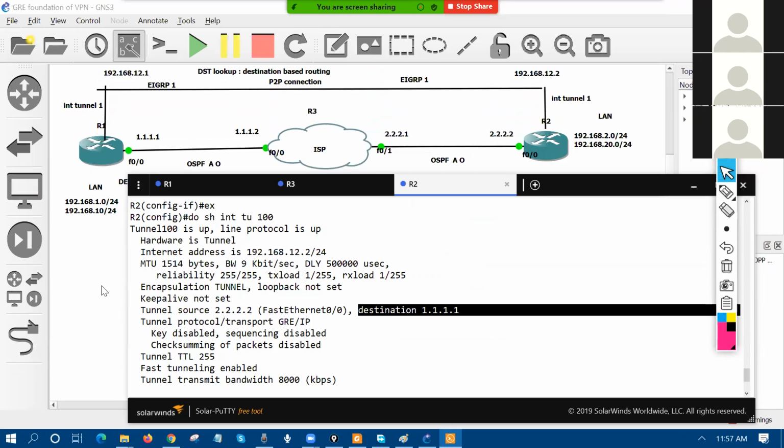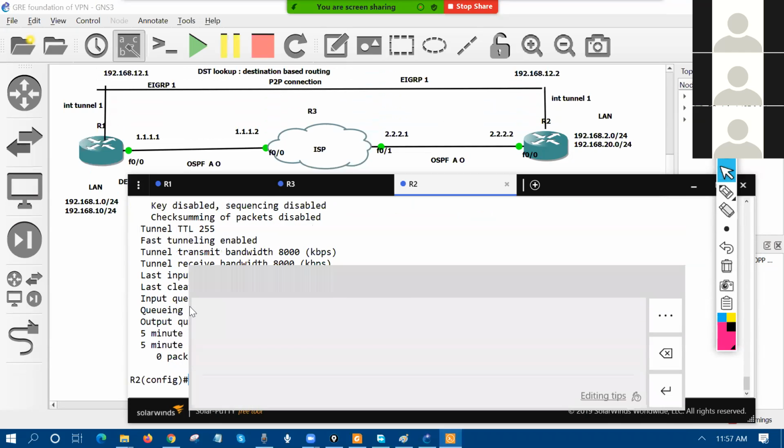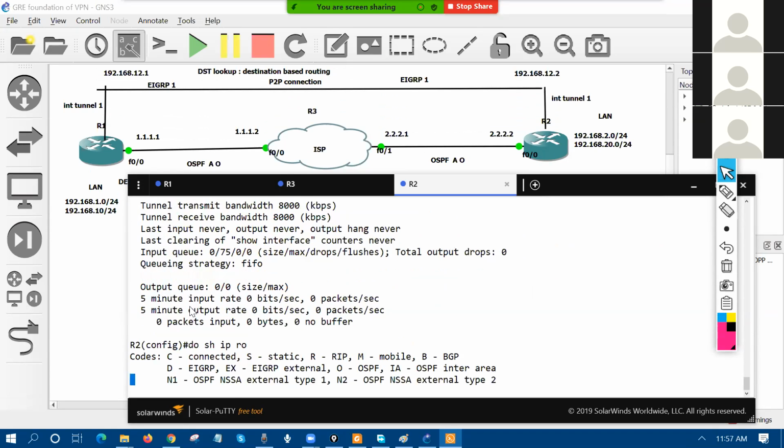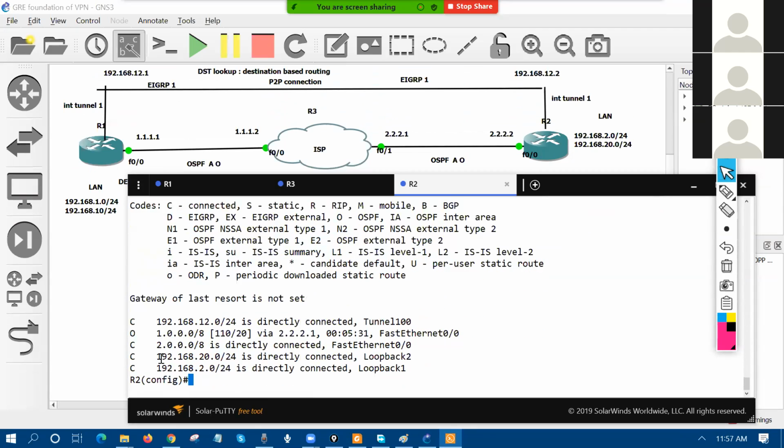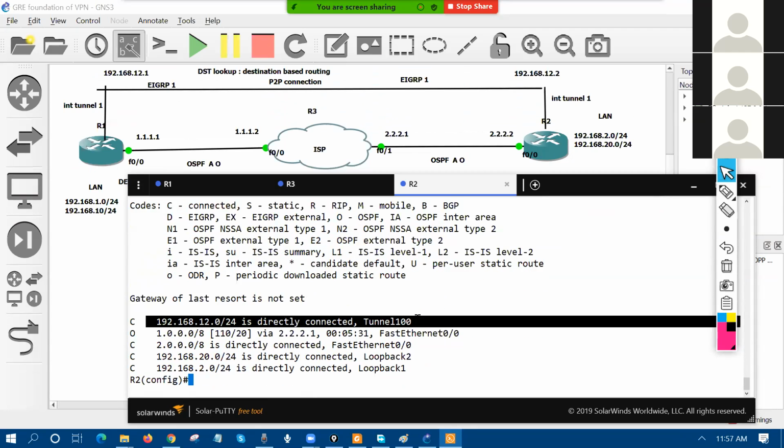So now we need to exchange. If you see on Router number 2 as well, do show ip route. On this one I have created tunnel 100, on this one I have created tunnel 1. But they belong to the same broadcast domain, 12.0.